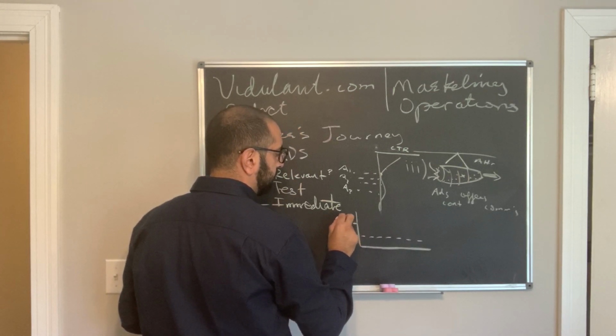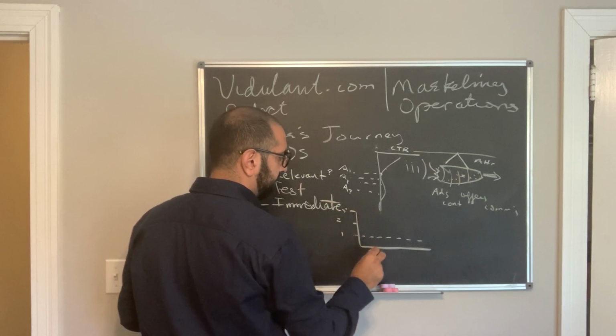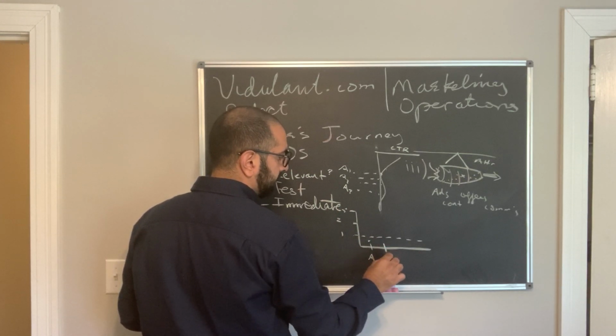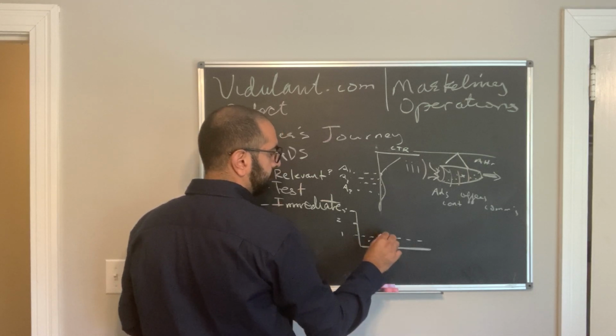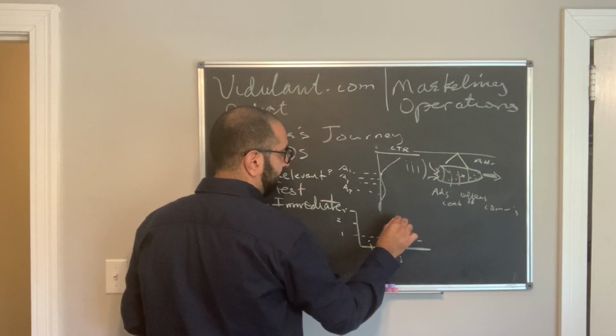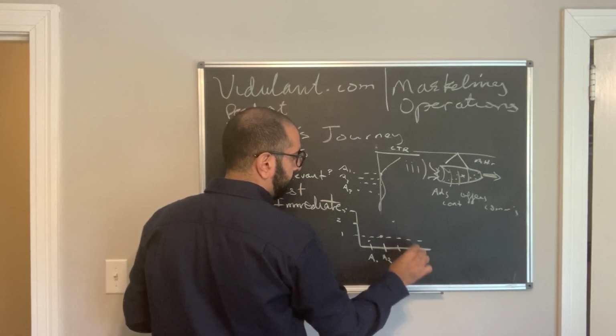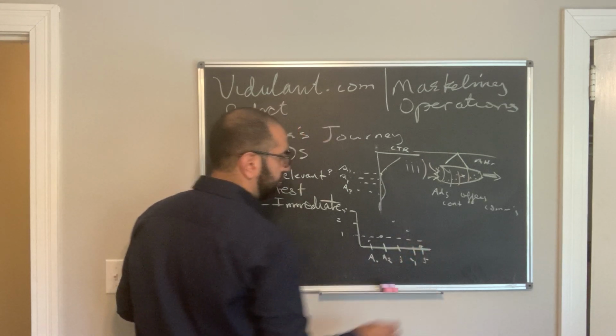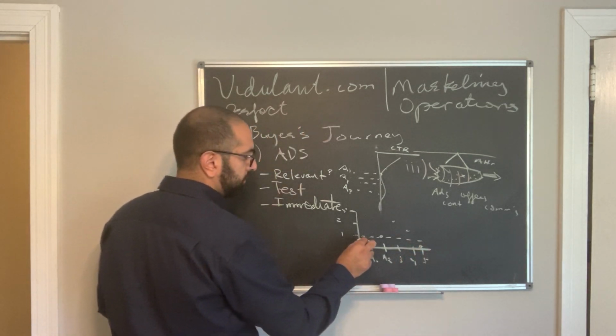Then you have ads 2 and 5. Ad 1 gets below benchmark. Ad 2 gets benchmark. Ad 3 gets 5 times. Ad 4 gets 2 times. And ad 5 gets 0. Nobody clicks on it, practically.